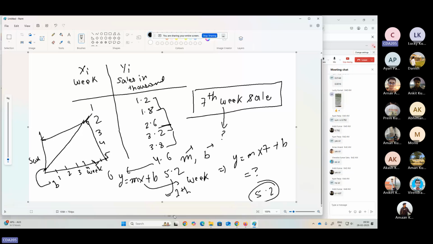Anyone got the slope value? What is the value of m? Arnav, Virendra, no one got it.